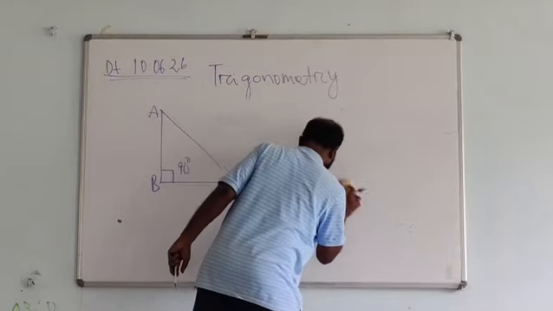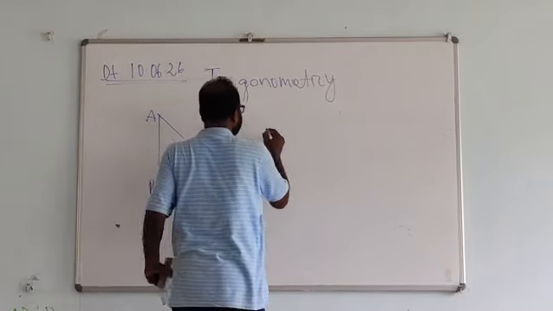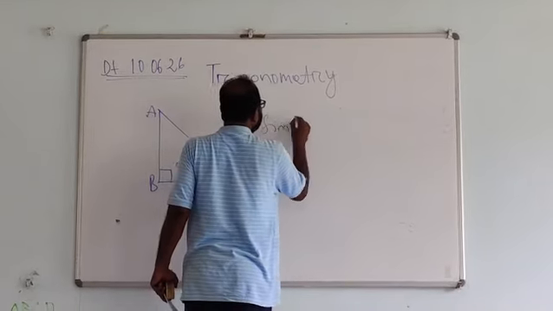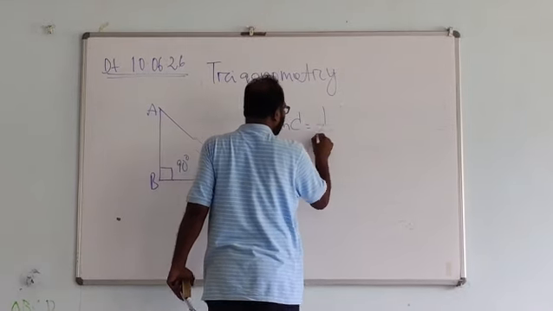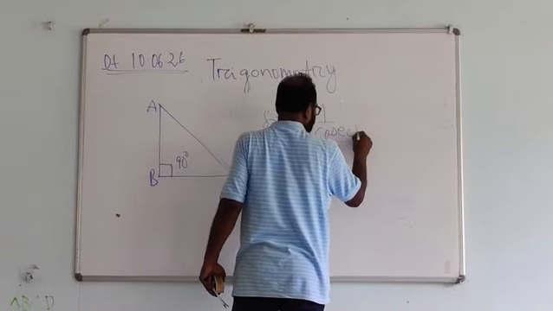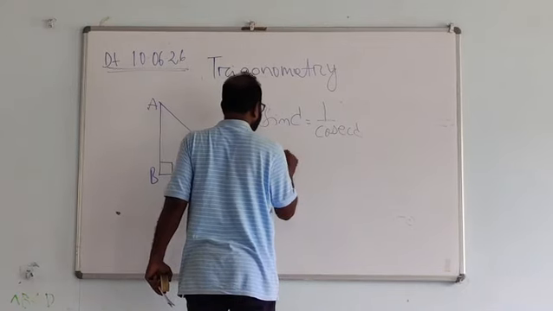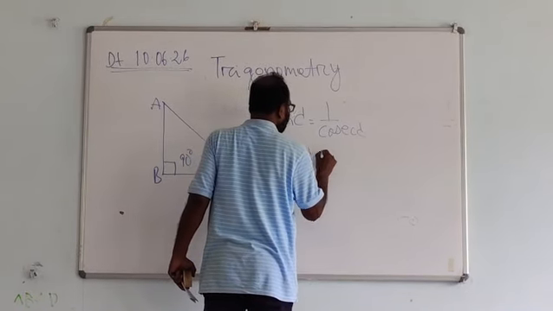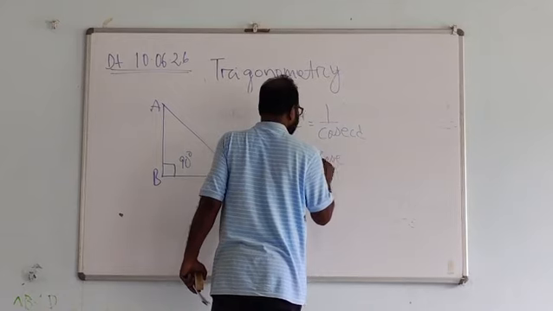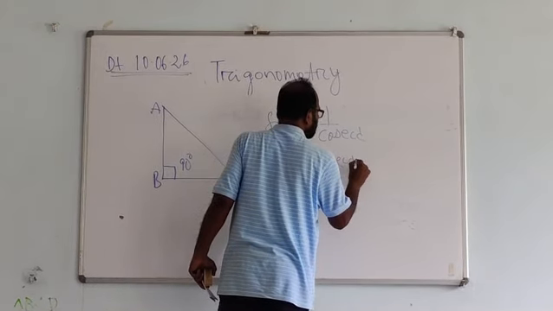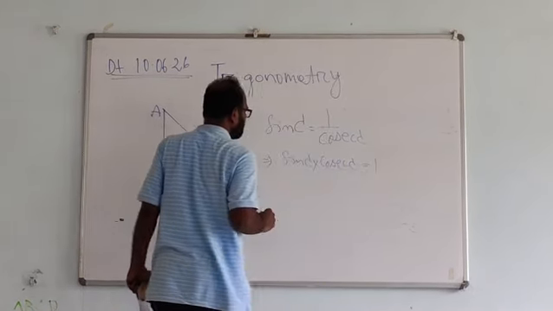Now, the relations. So sin C is equal to 1 by cosec C, or implies sin C into cosec C is equal to 1.